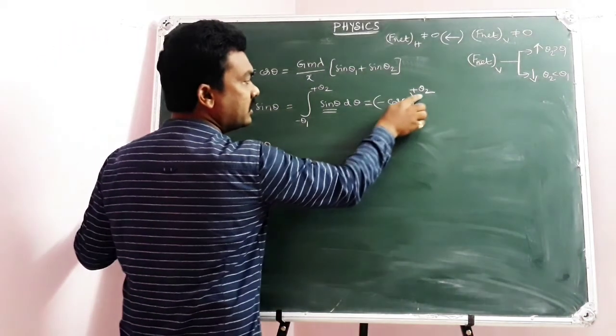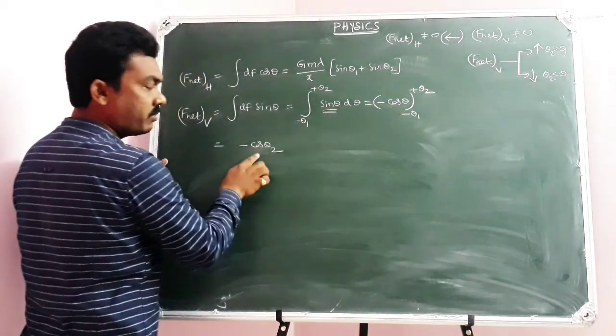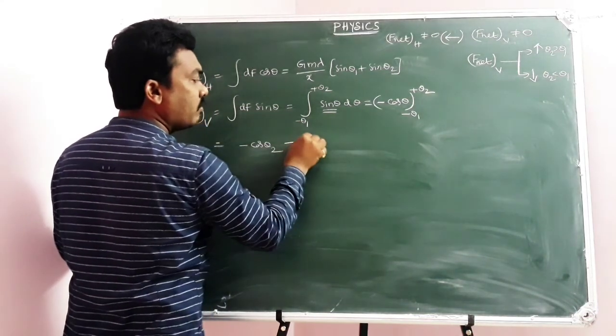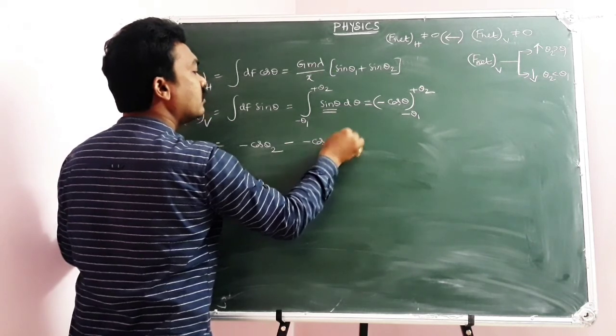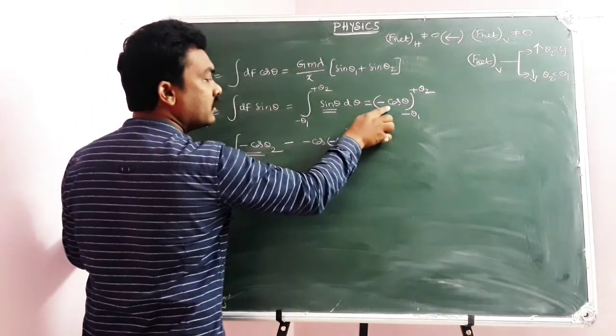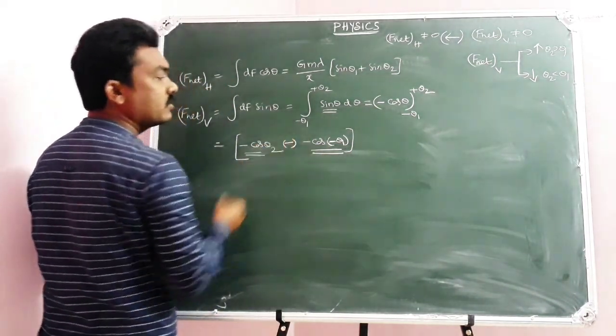In the place of theta, you just write theta 2. I have written the upper limit in this bracket term, minus, now write the lower limit as it is, minus cos of minus theta 1. So first you have to write the upper limit in the given term, next the lower limit in the given term, with a minus in between.